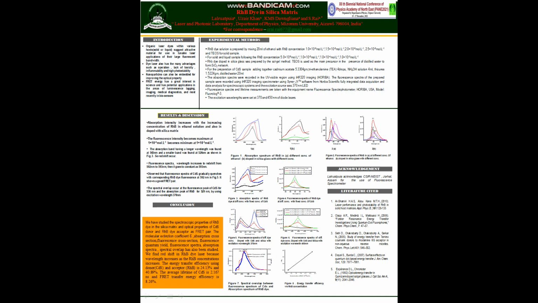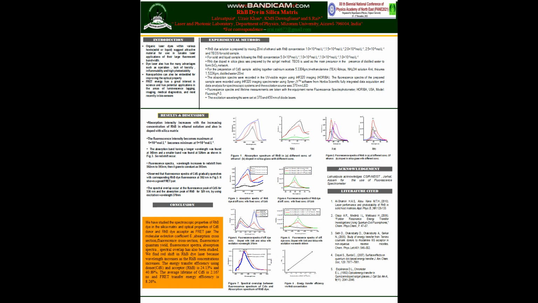And also let me go through our conclusion. In our conclusion part, we have also mentioned some works that we have studied. Here we have also studied molecular extinction coefficient, absorption fraction, fluorescence cross-section, fluorescence quantum yield, fluorescence spectra, absorption spectra, spectral overlap.